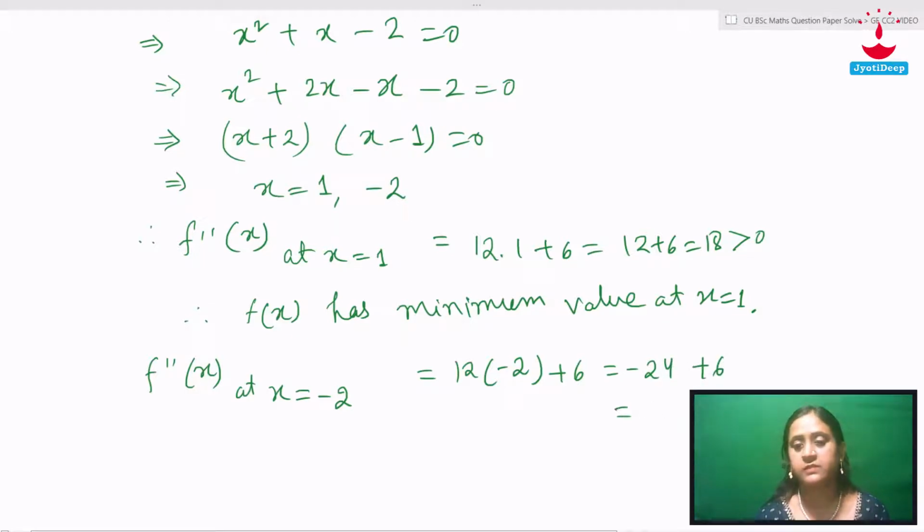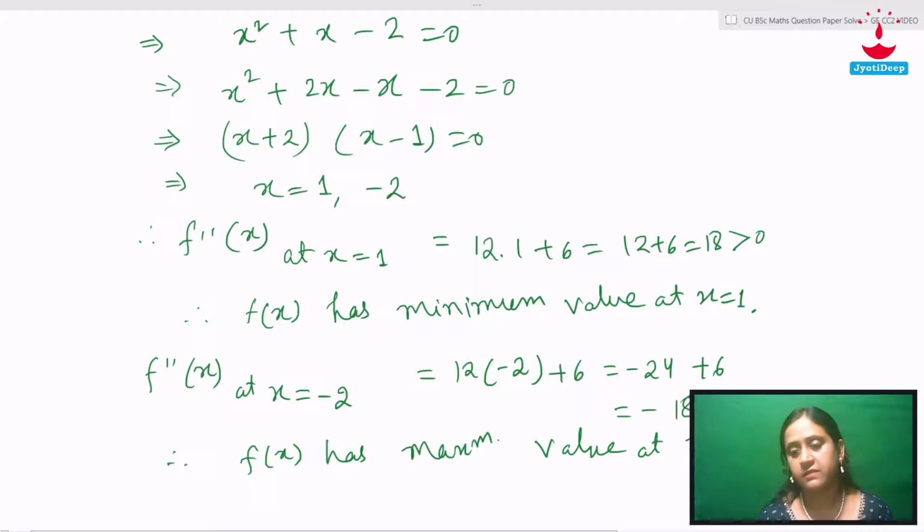This is equals to minus 18, less than 0. So fx has maximum value at x is equals to minus 2.